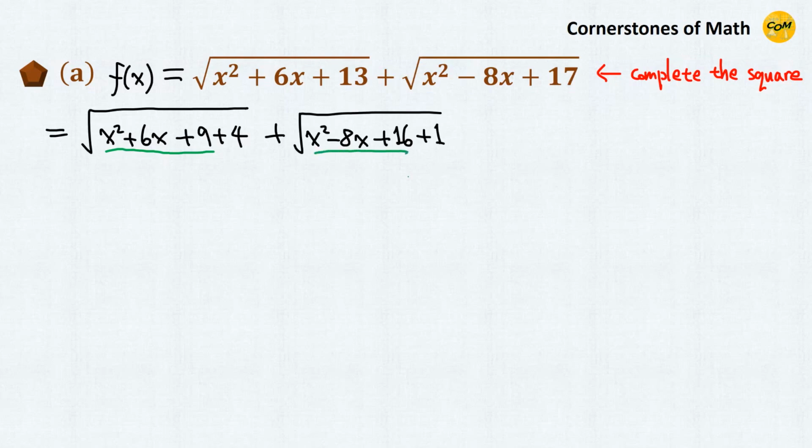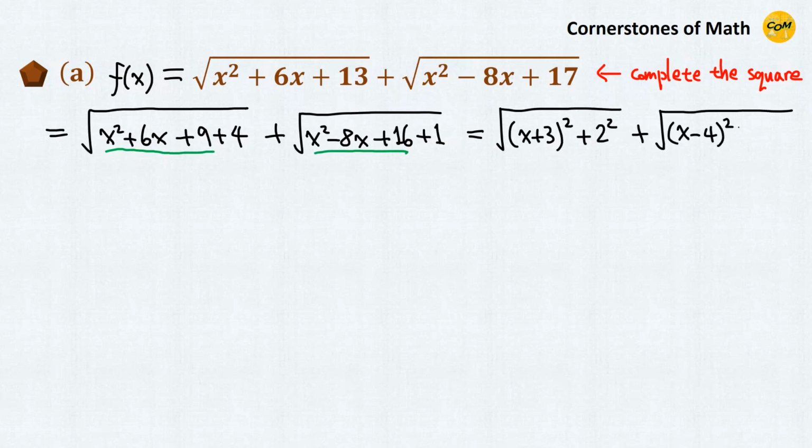So this part is a perfect square, so we have square root of (x plus 3) squared, and let's write plus 4 as plus 2 squared, and then square root of (x minus 4) squared, and let's write plus 1 as plus 1 squared.